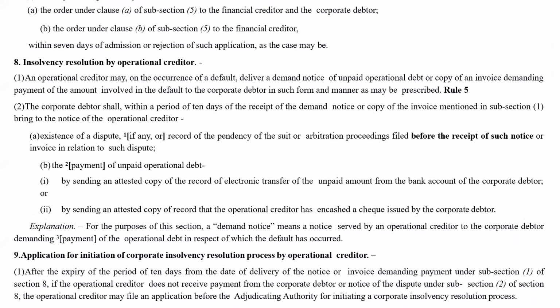As I have already told you, it is not a recovery mechanism. It is an insolvency resolution. So if there is a dispute, you go to some other forum. You go to court, you go to commercial court, you go to DRT, wherever you want to go. But here, that option is not there if there is a dispute.